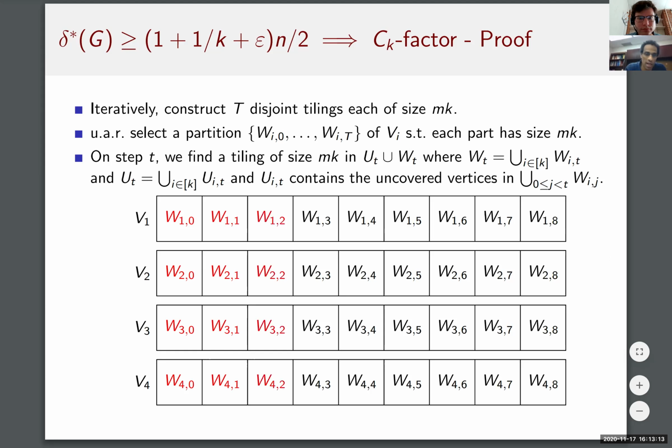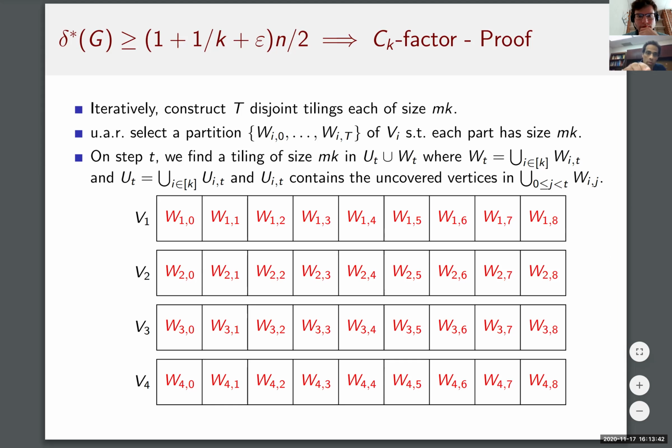And then I would do it again, using one of these untouched columns to try and extend the tiling I've done so far. I keep doing that all the way until I get to the end. In the end, I just have mk vertices left uncovered in each one of these parts, which is what we wanted to show.